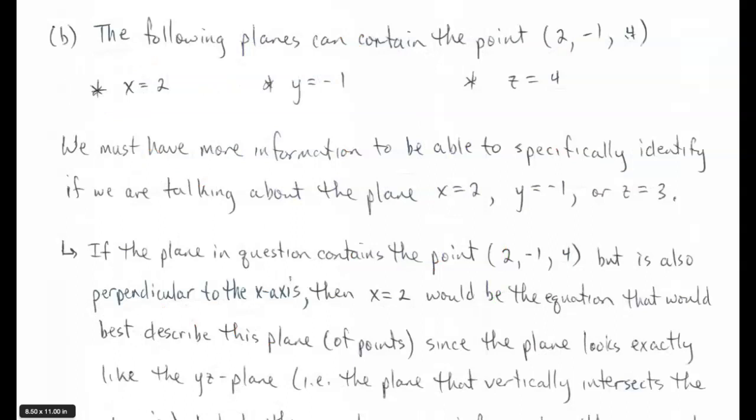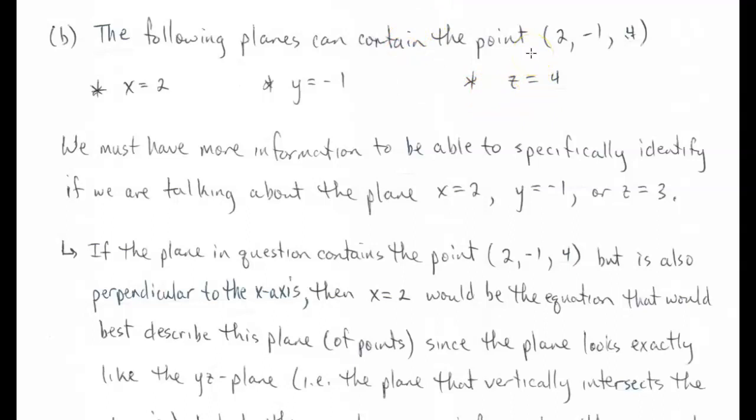So for our next example, to see an example of where we may need some more information, we know that the point 2, -1, 4 could be on any one of these three planes here. It could be on the plane x equals 2, y equals -1, or z equals 4, okay?